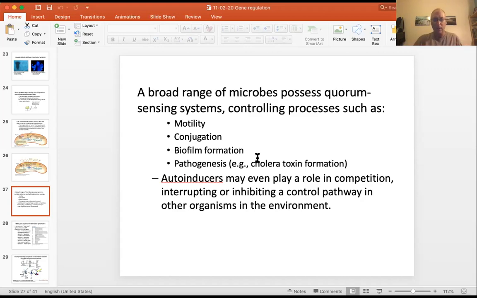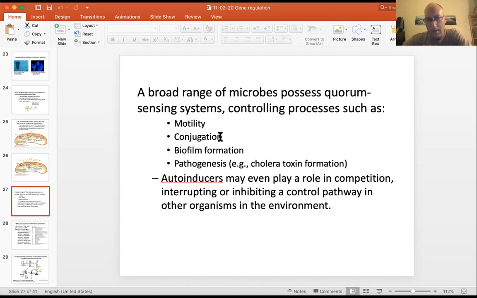When the bacteria start growing densely on a surface, they sense that there are lots of other cells around and they adjust their behavior, turning on extracellular polysaccharide formation, etc. It's used in sensing when they're in the host in a pathogenic condition by Vibrio cholerae, a close relative of these symbiotic Vibrios.